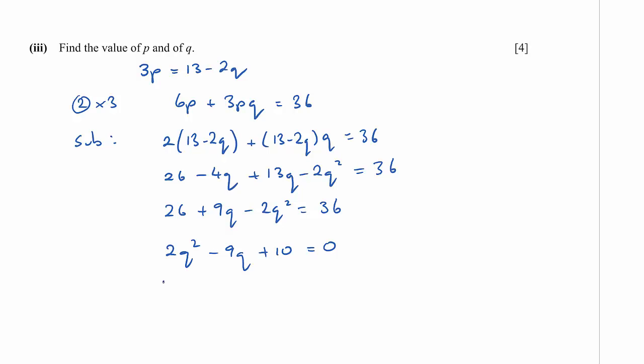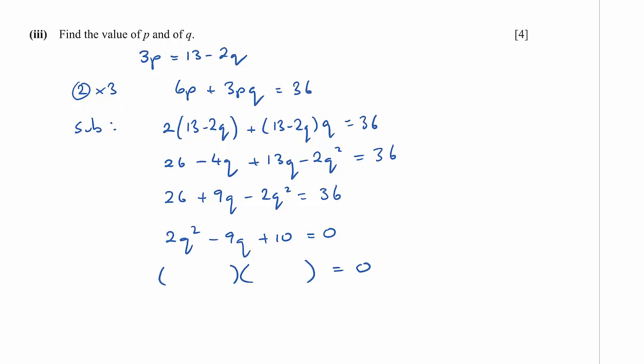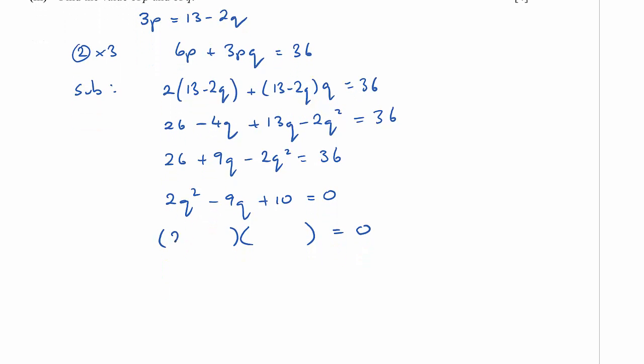I'm fairly sure we can factorize this. Of course, you can use whatever your favorite factorization method is to get there. I think that if we put 5 here and 2 there and make them both minuses, I think that does it. So that gives me q equals 5 over 2, or q equals 2.